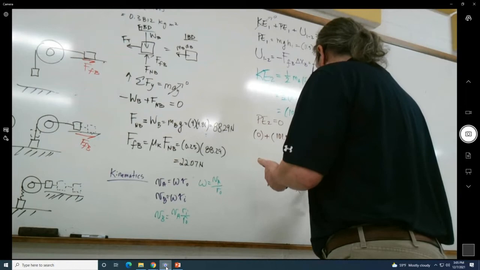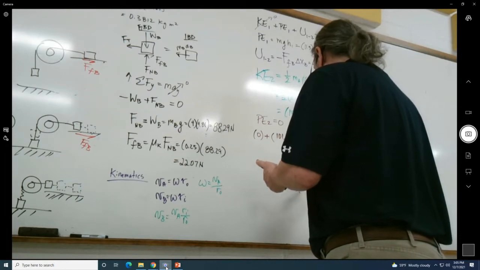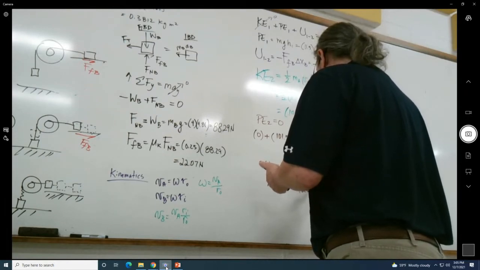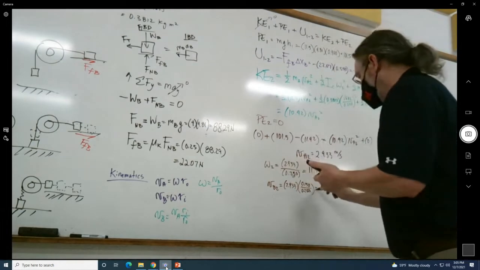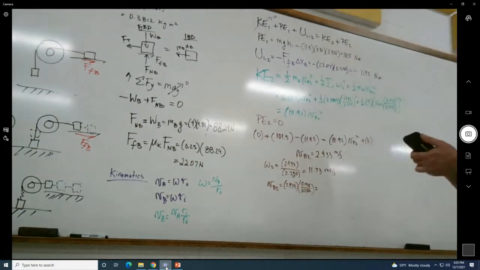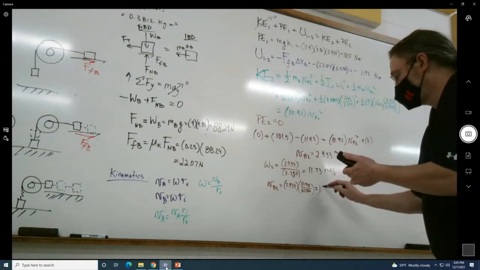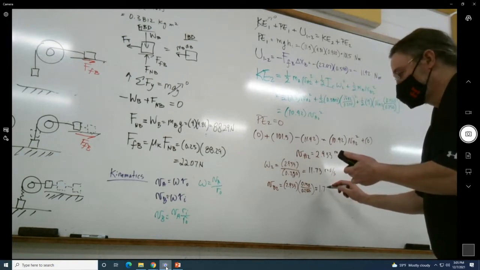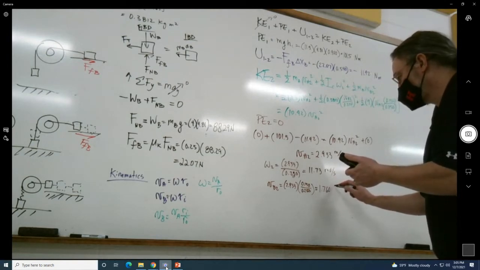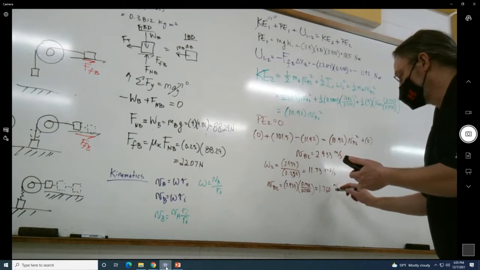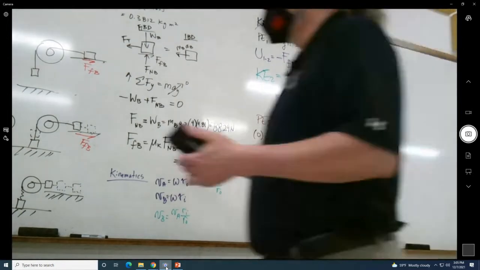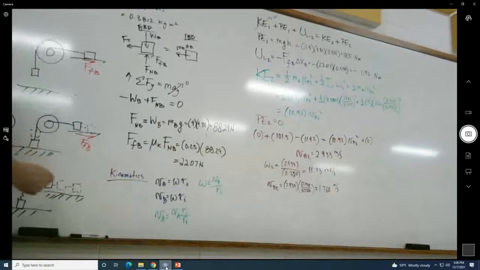Actually, I could have just multiplied this over by 0.15 times that, and I get 1.760 meters per second.